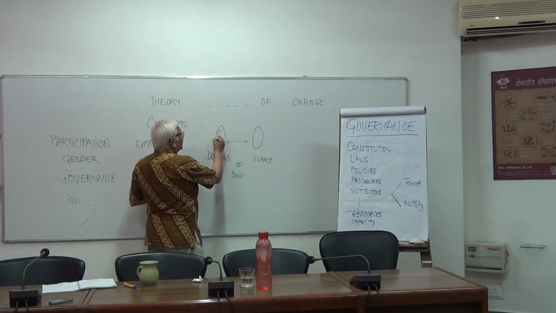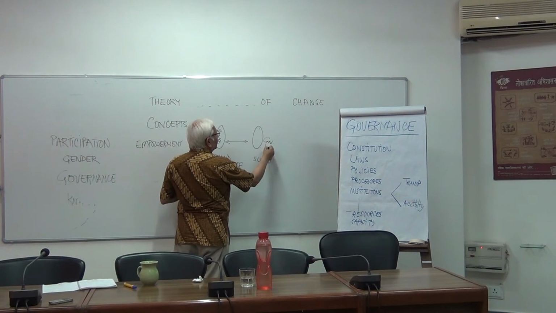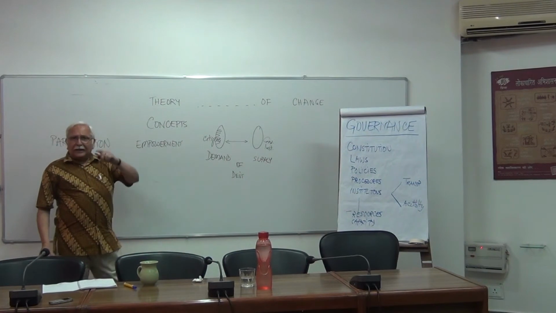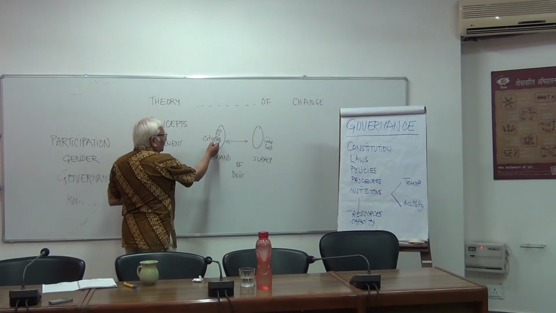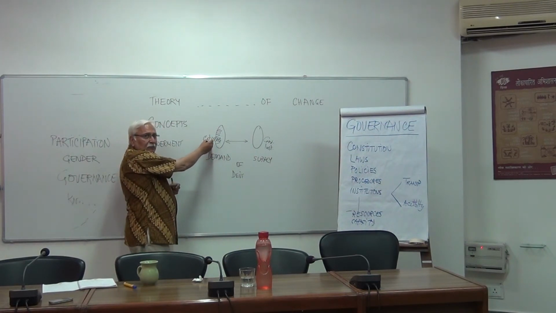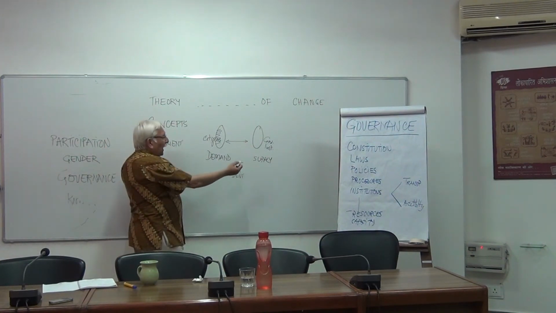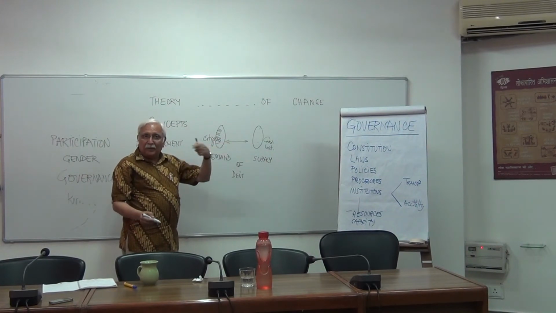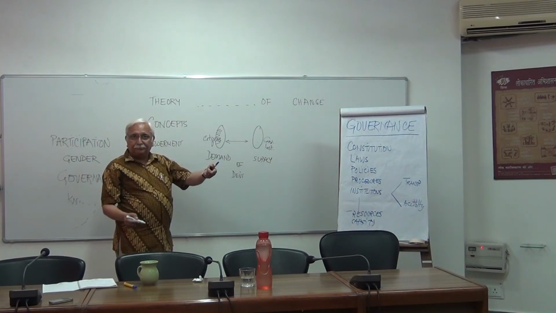These are the excluded citizens and these are the governance institutions. So in our theory of change, working here to make them aware, conscious, agency, voice, and working here so that when the voice is spoken, somebody hears them and acts on the basis of that.